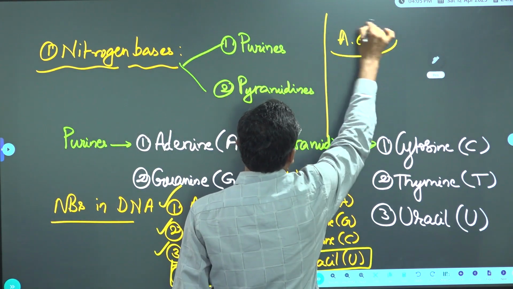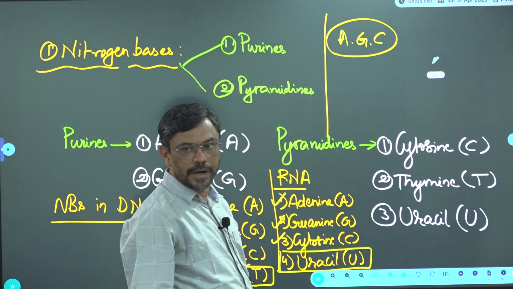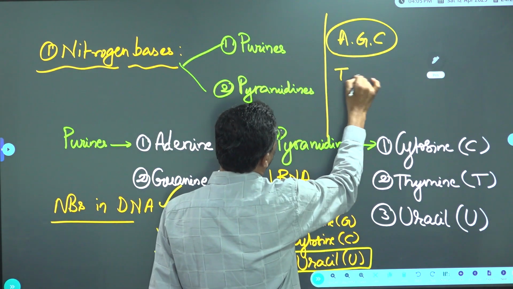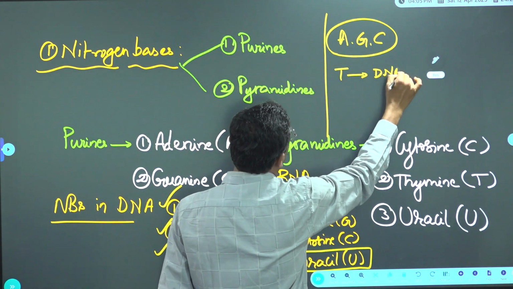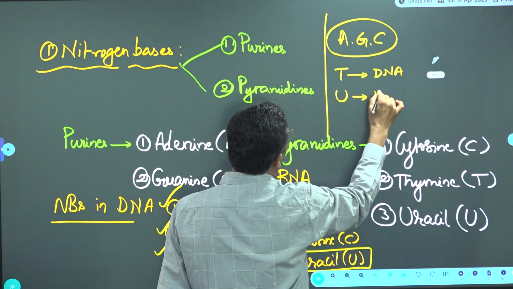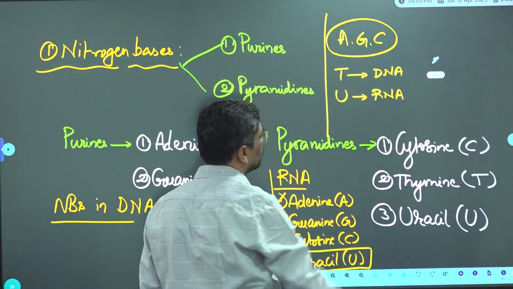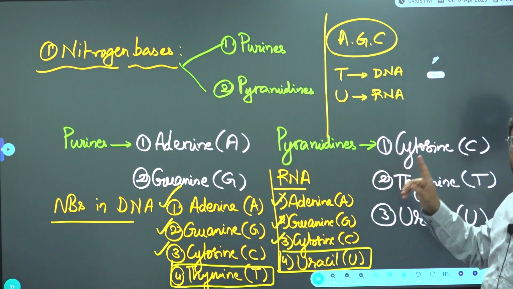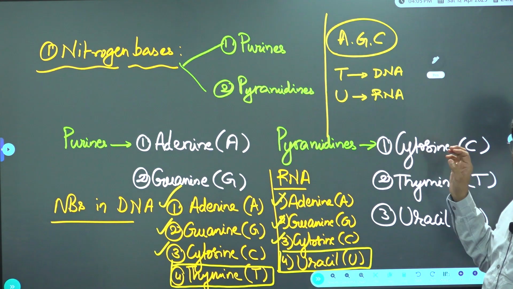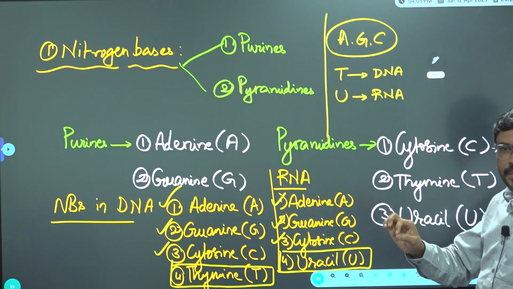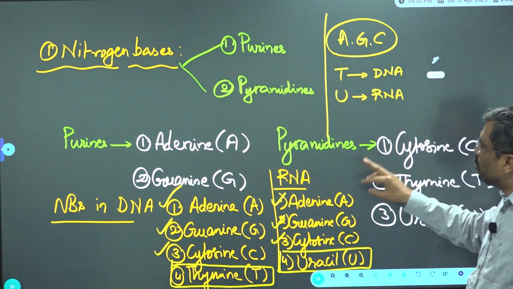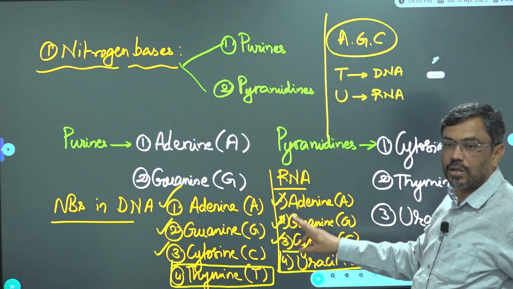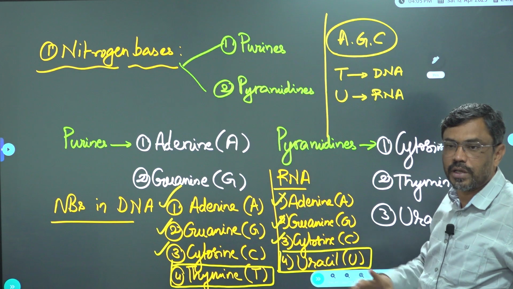The nitrogen bases present in both DNA and RNA are adenine, guanine and cytosine. The nitrogen base present only in DNA is thymine. The nitrogen base present only in RNA is uracil. This you have to remember. You can expect a question from here.